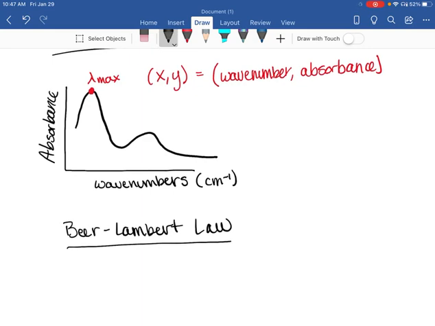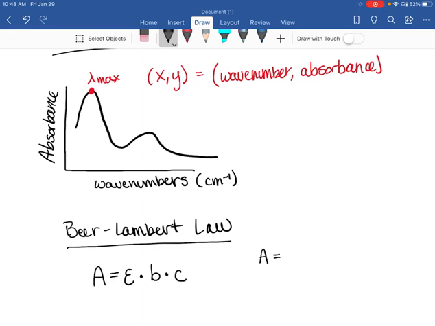So Beer's law tells us that the absorbance of a sample is equal to something called the molar absorptivity, which is given the symbol epsilon, times the path length of your sample, so how far light is traveling through your sample, and that's given the symbol B, and then we multiply that by concentration.